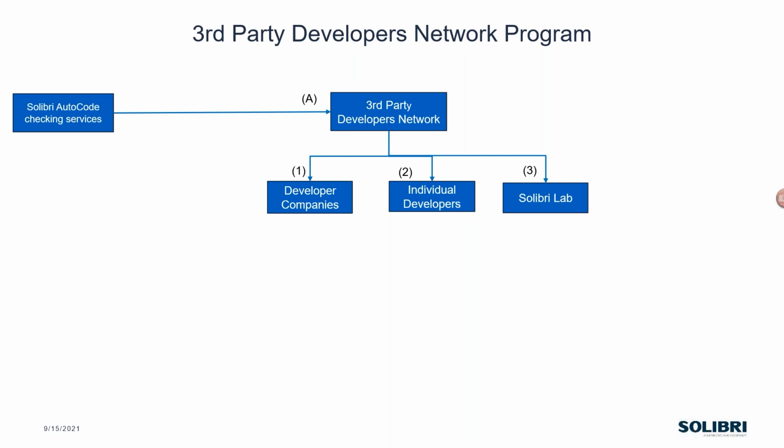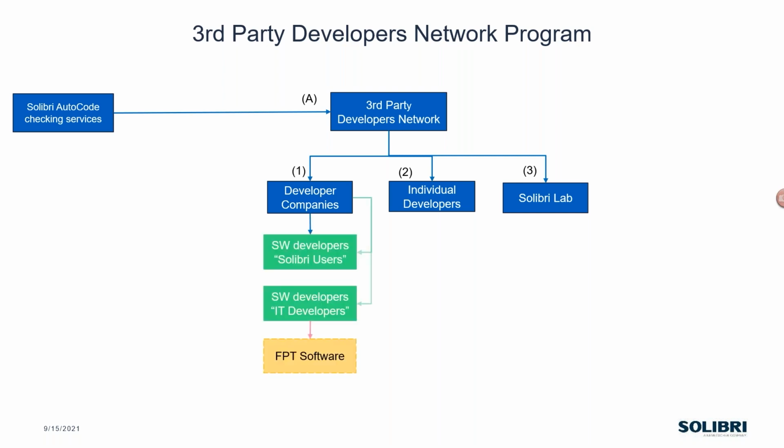So for the developer companies, what happens? The developer companies can be any of the Solibri users who have their own core development team. It can be any IT development company or software developers. For example, FPT Software is an example of that.